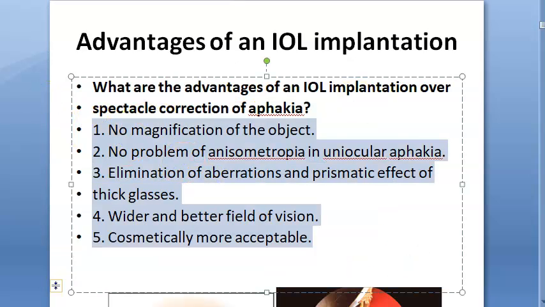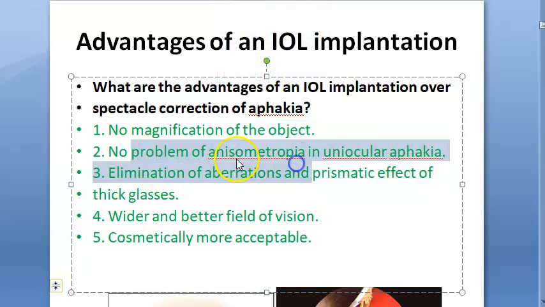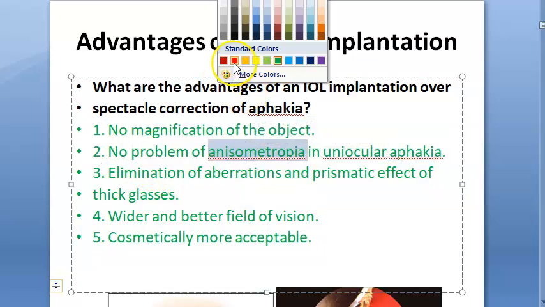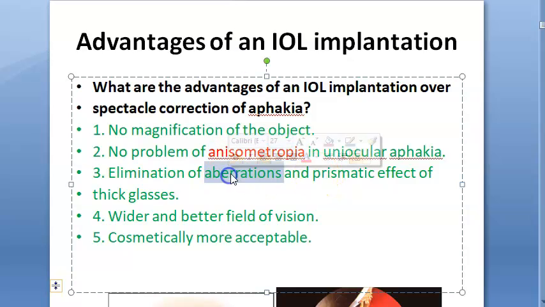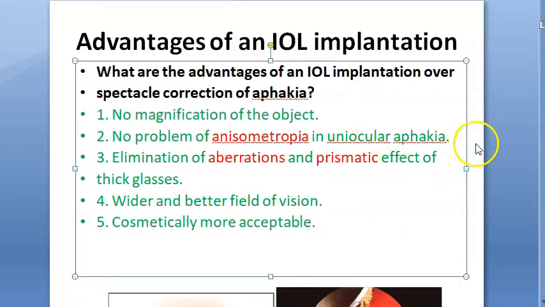So all these are the advantages. There will be no magnification of the object. There is no problem of anisometropia. There is no aberration. There is no prismatic effect. There is wider and better field of vision. Cosmetically, it is more acceptable, because something is inside the eye, it is not visible, right? So it's better than spectacles.